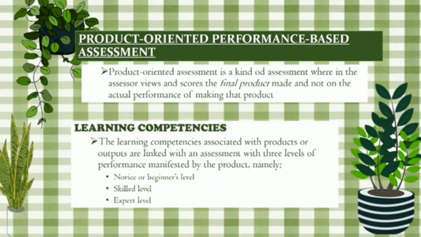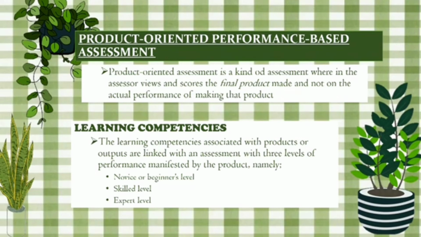Product-oriented performance-based assessment is a kind of assessment where the assessor views and scores the final product made and not the actual performance of making the product. It is also concerned with the product alone and not the process. It is more concerned with the outcome or the performance of the learner, and it also focuses on the achievement of the learner.